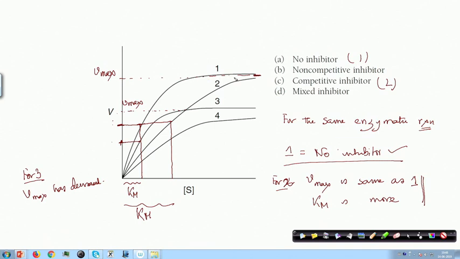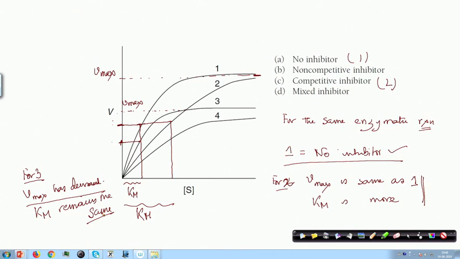So, in this case what happens? For 3, Vmax has decreased, but Km remains the same. So, which type of inhibition has that? That means, where the binding of the inhibitor and the substrate are independent of each other, when they do not have any relation.